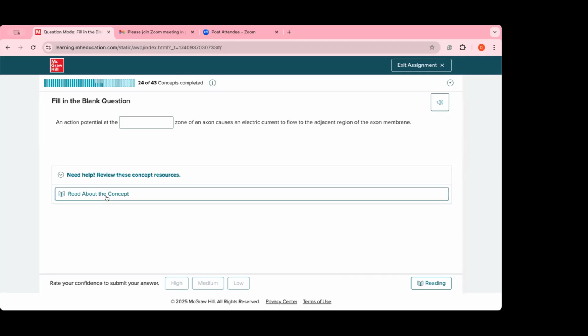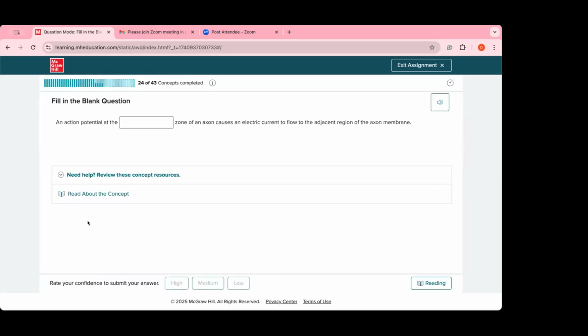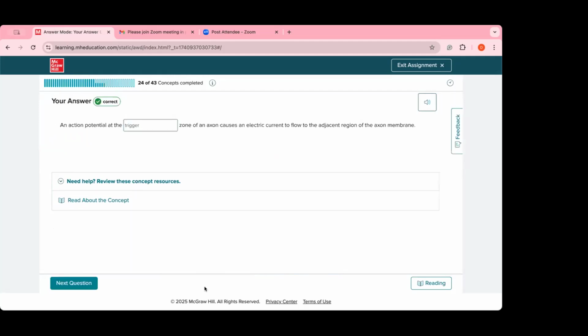An action potential or impulse at the trigger zone of an axon causes an electric current to flow to the adjacent region of the axon membrane. It's trigger. Okay. Nice.